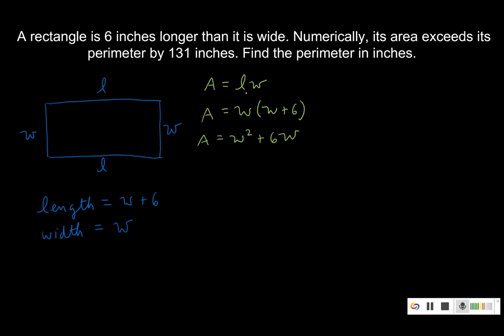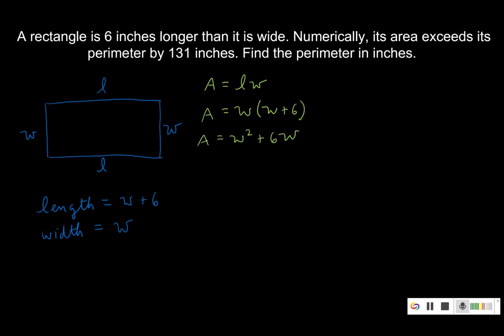So the area is equal to W, because we let W be the width, times W plus 6, because we let W plus 6 represent the length. So the area is equal to W times the binomial W plus 6. Distributing the W to simplify this expression would give us the area is equal to W squared plus 6W.